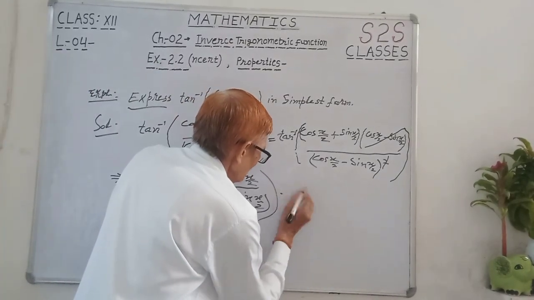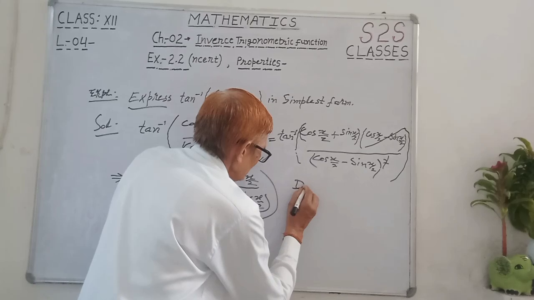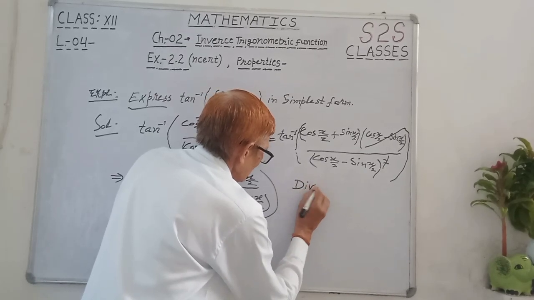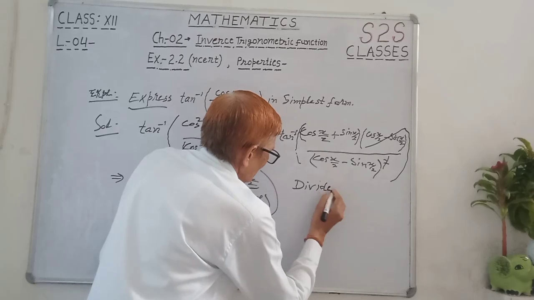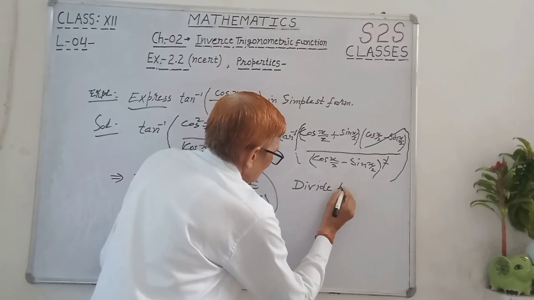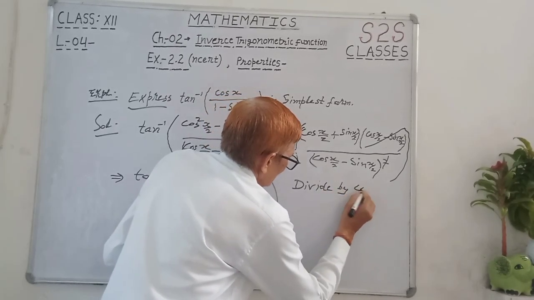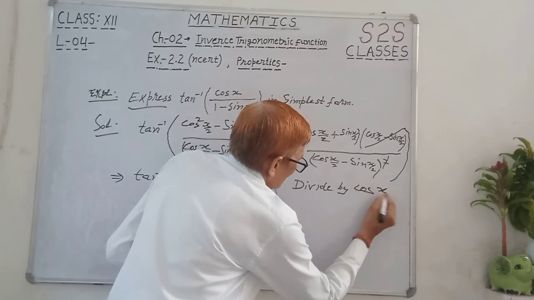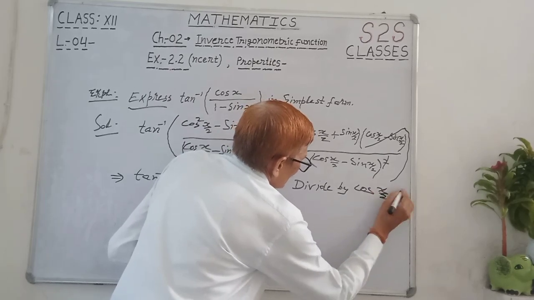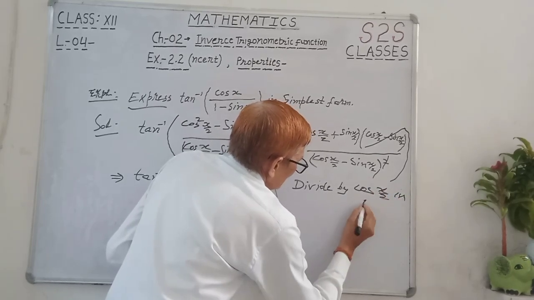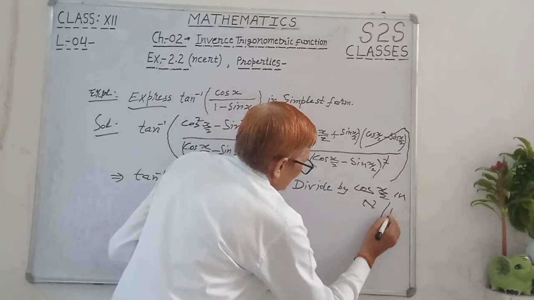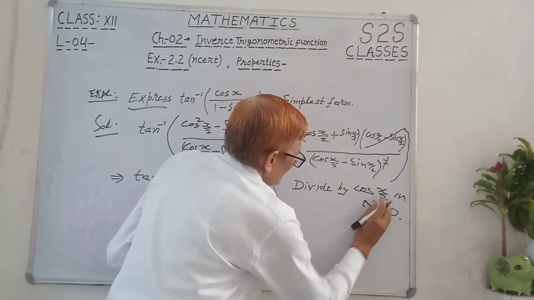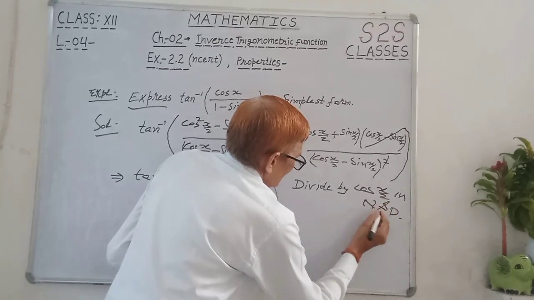What are we doing? Divide by cos x by 2 in numerator and denominator both.